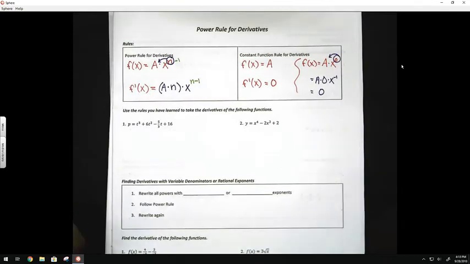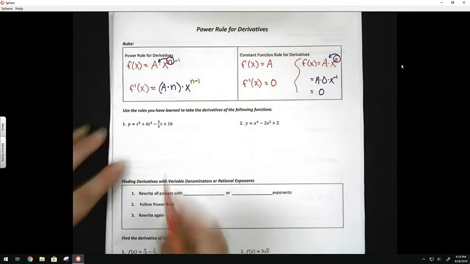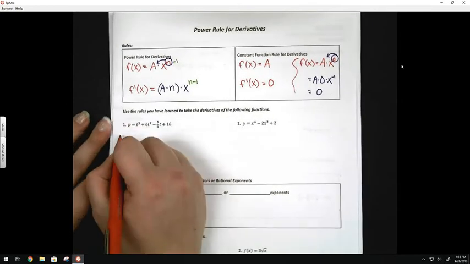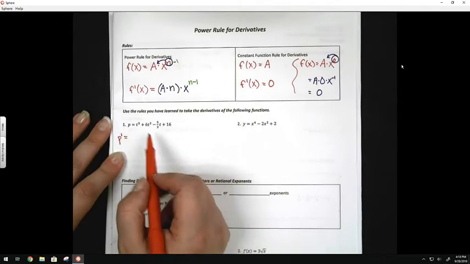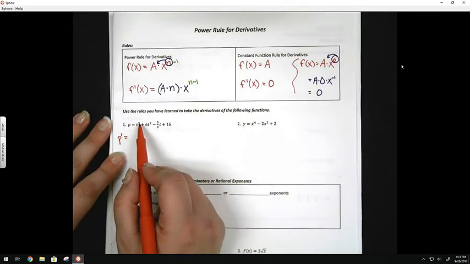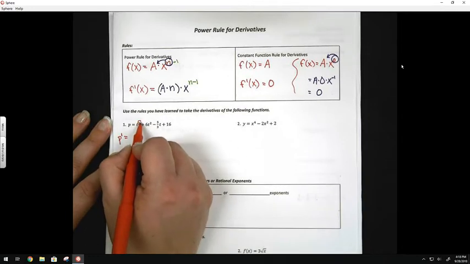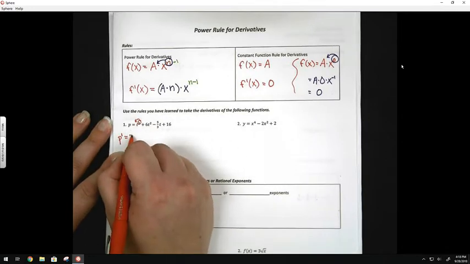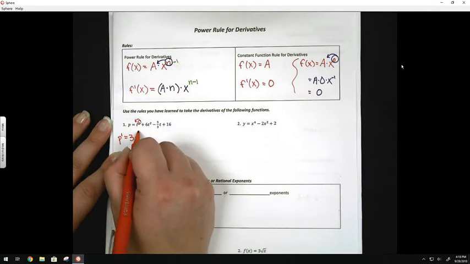This first one is p, so when we take the derivative, that becomes p prime. The first term is t to the third, so the exponent is 3, and we bring it down. It becomes 3 times t to the 3 minus 1.